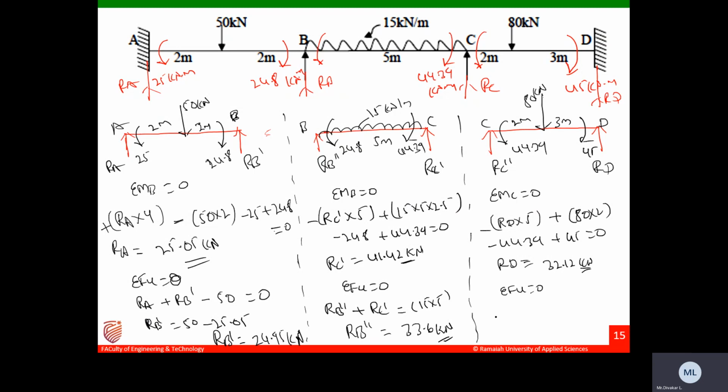Then sigma Fy equals to 0. RC double dash plus RD equals to 80.